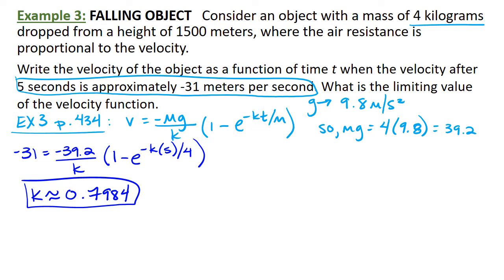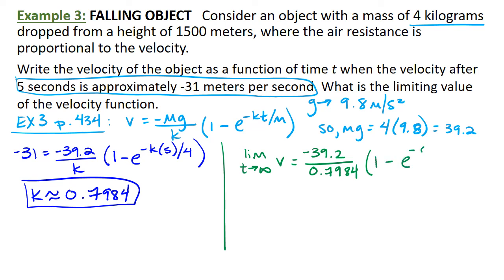I am basically interested in finding the limit as t approaches infinity of this function once k is plugged in. So plugging in all of my information, we know this is k, and this is an approximation. You're going to want to use the exact value if possible. This is divided by 4, and then we'll multiply this by t.